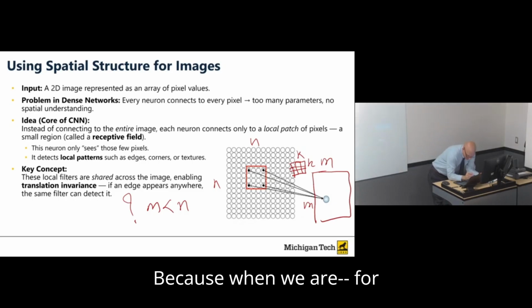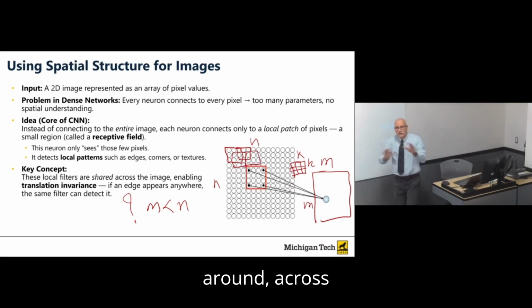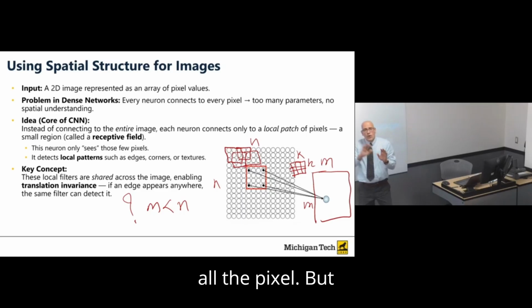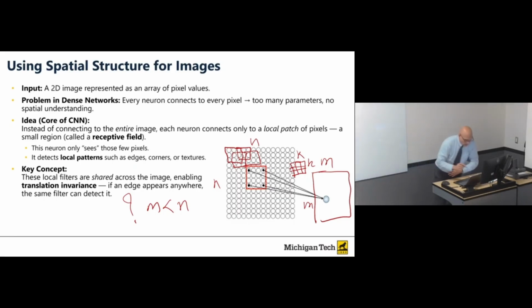Because when we are sliding this window, for example k is 3, sliding a window around across all the pixels, because of the borders, we lose one pixel.